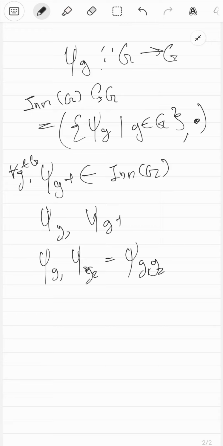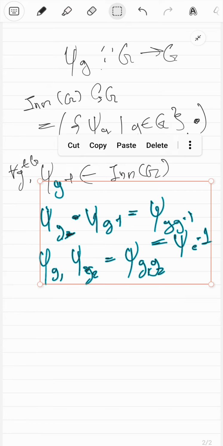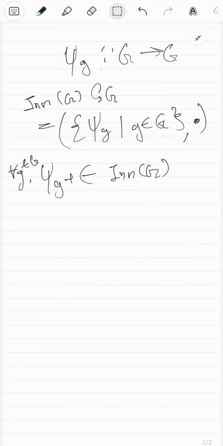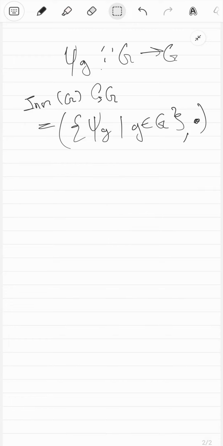So then you combine them, that's psi of g inverse g, which happens to be psi of e, which is, well, just the identity. So just e sub Inn(G). I don't know how to write that. I'm just going to call it 1 for now, right? So psi g and psi g inverse, they are inverses for any small g in capital G, right? So the inverses also exist, and that means that this thing is a group, all right?